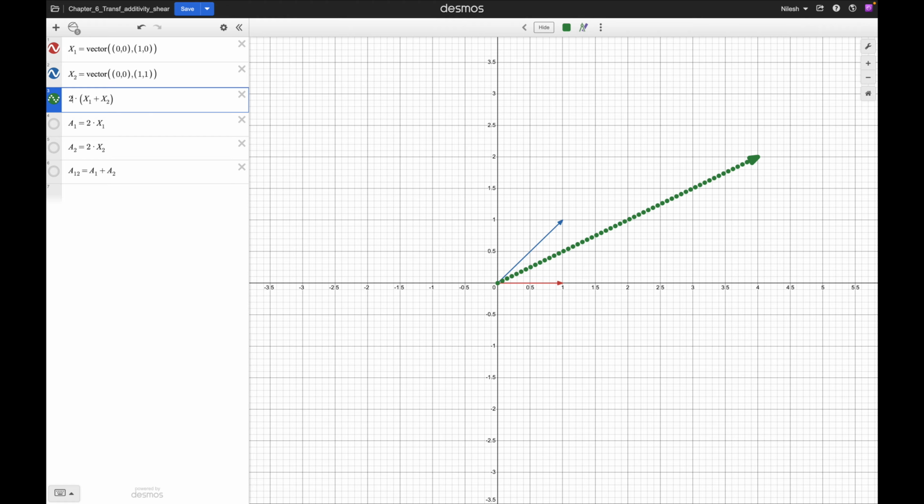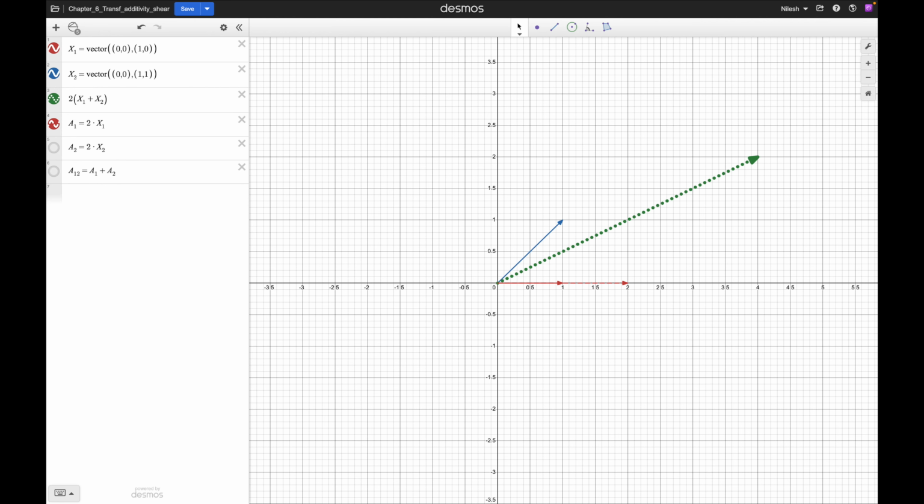So if we simply have the x1 plus x2, it would look like this, and that is fine, except that we are also scaling it in this case. So we sum them, scale them, and that is the same thing as first scaling each vector.